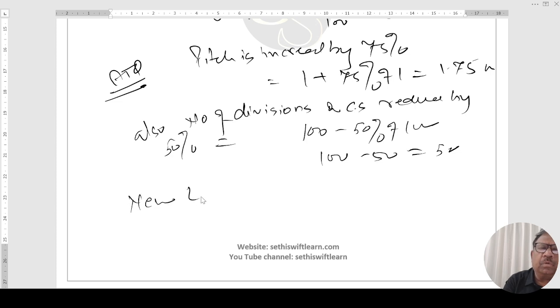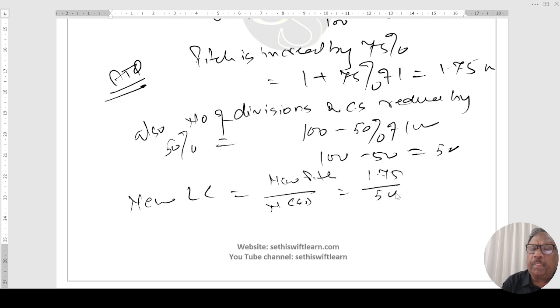New least count will be equal to new pitch upon new circular scale divisions. That is 1.75 upon 50 mm. This comes out to be 1.75 upon 100 into 2, that is 0.0175 into 2, that is 0.035.